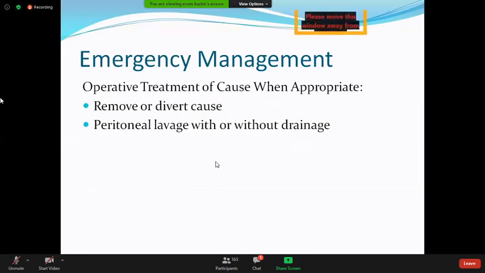Now, after addressing the general condition of the patient, we have to go for the treatment of the specific cause. Whenever a patient presents to you with peritonitis, after doing all the resuscitation, we don't have to wait for other things.